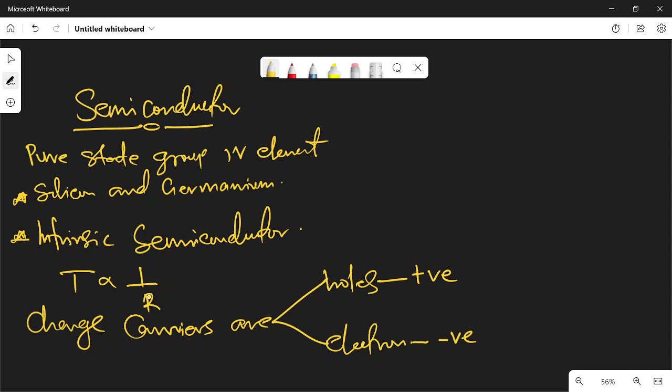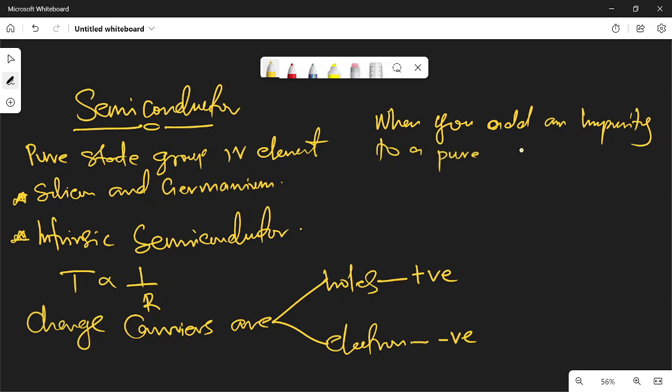Are we together, class? So when you add an impurity to a pure semiconductor, plus heat, they conduct better.